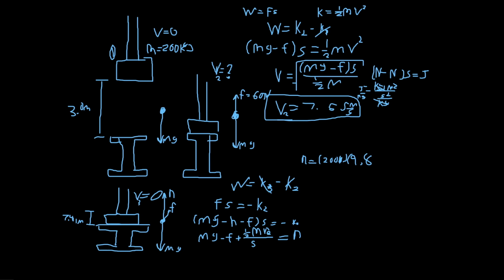Minus 60 newtons of the friction force pushing back up. Plus one half times the mass of the hammerhead, which is 200 kilograms, times the initial velocity in case 2, which we found from our previous problem, and this will be over the displacement of 0.074 meters.